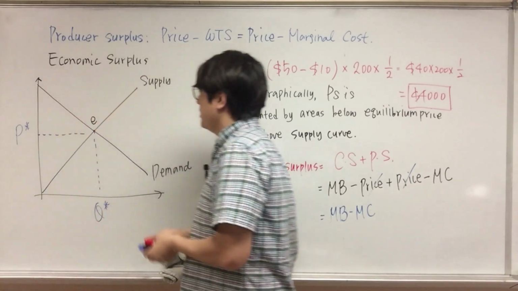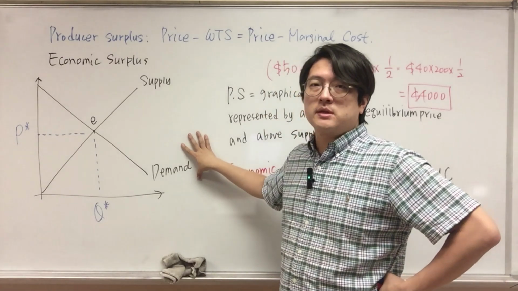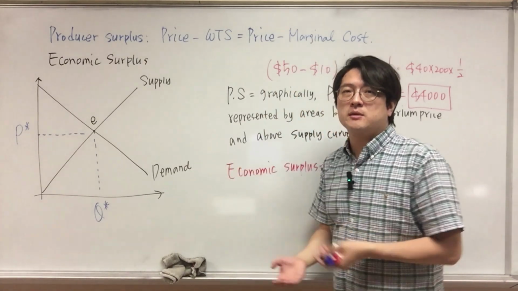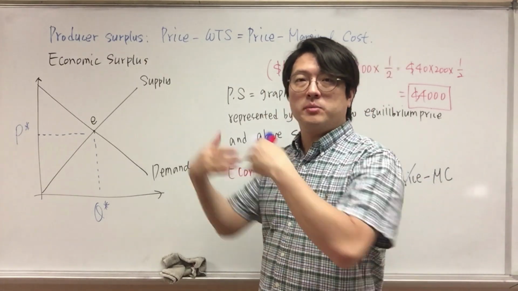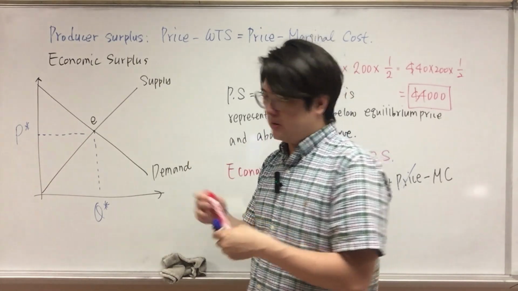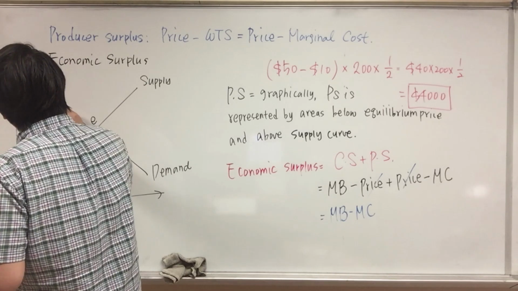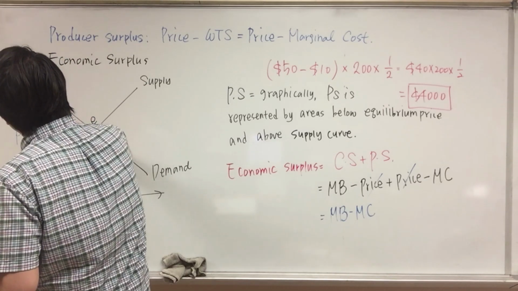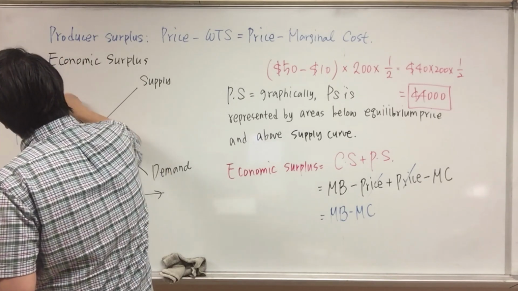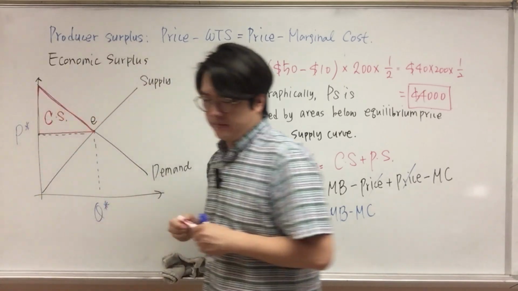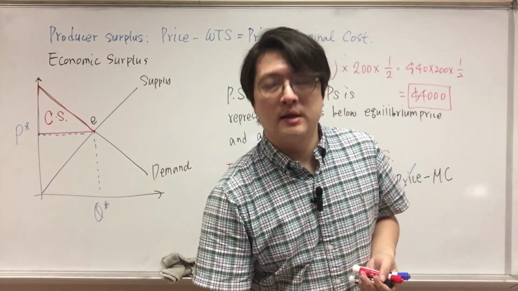So which one is the consumer surplus? Consumer surplus is below the demand curve and above the equilibrium price. So here is the consumer surplus, right? This triangle.